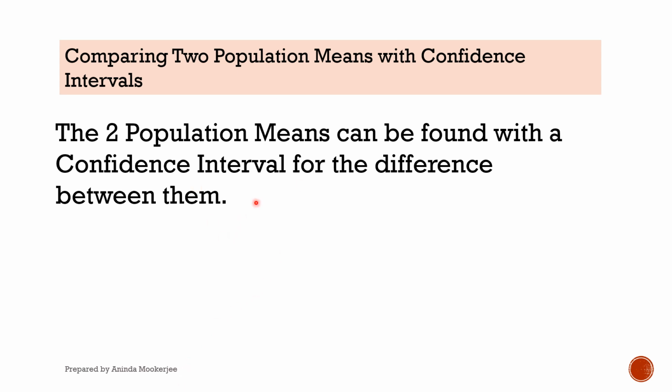Now, after we perform our hypothesis test for that particular example, we are going to have to find the confidence interval for the difference of the two population means. That means the confidence interval will tell us within what interval we can expect the difference in the two population means to lie.